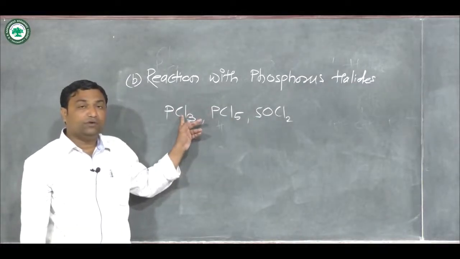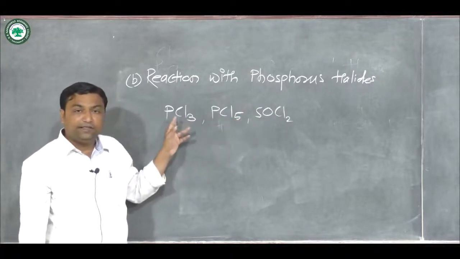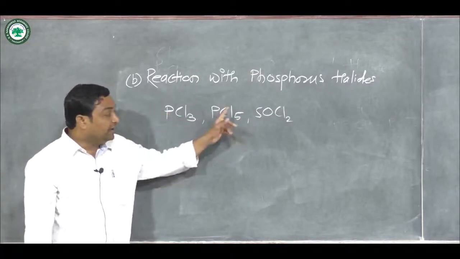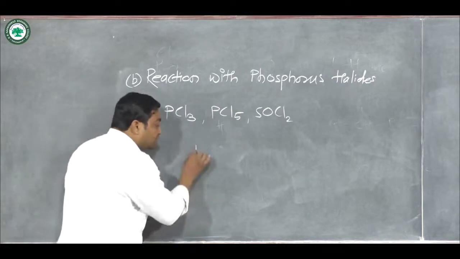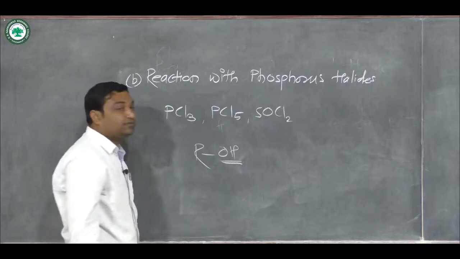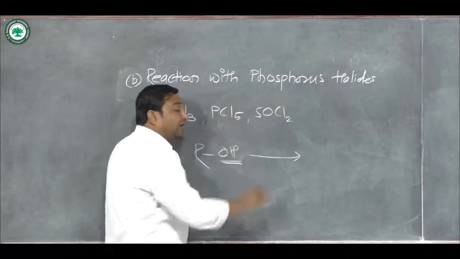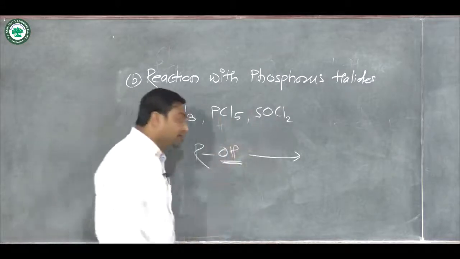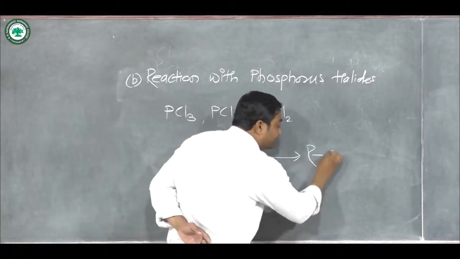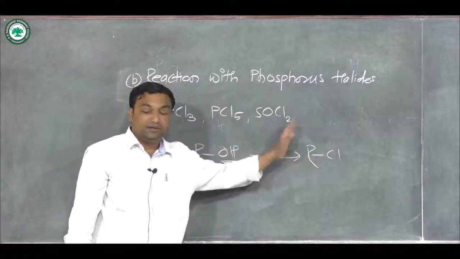If we react these chlorinating agents with alcohols, they replace the OH group by the halogen atom present in them. It means it will convert ROH to RCl.